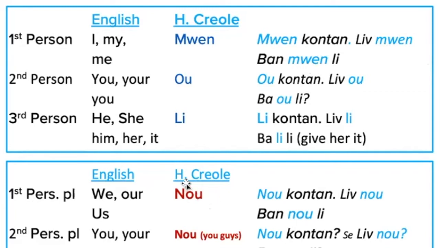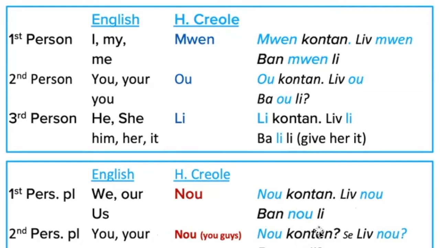So it would be nous content, we're happy, and livre nous, our book, and then give it to us would be ban nous li, give it to us, or literally would be give us it. Nous content, livre nous, ban nous li. That's it for the first person.